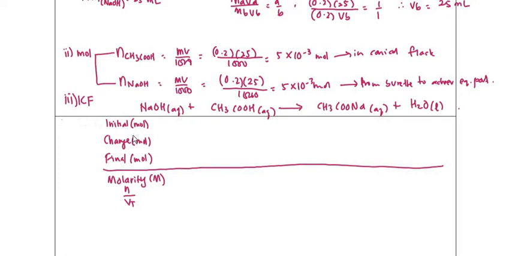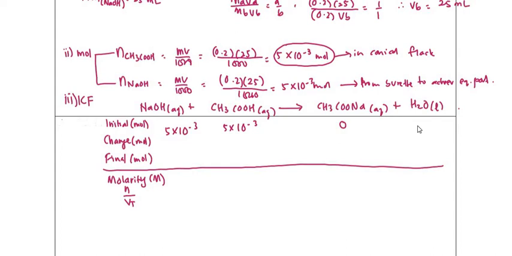Your unit for ICF is mole. So the initial mole for NaOH comes from step number 2 here, which is 5 exponent negative 3, and the initial mole of ethanoic acid is 5 exponent negative 3. Okay, the salt is not produced yet.